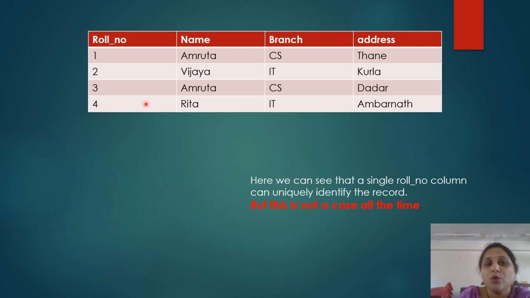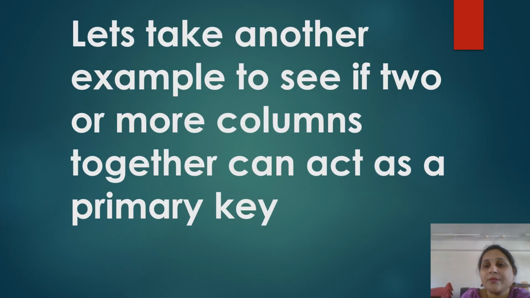Here only one roll number column is sufficient to fetch any of the data from the student table. But sometimes a single column may not work as a primary key attribute. We may require a group of columns which will uniquely identify a particular record. Now we will see such an example.